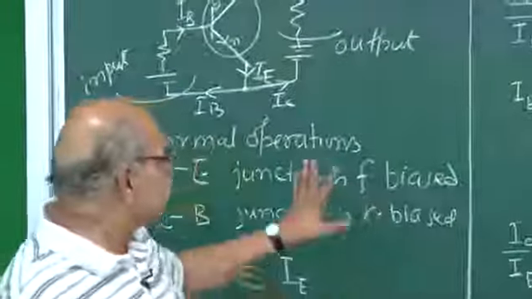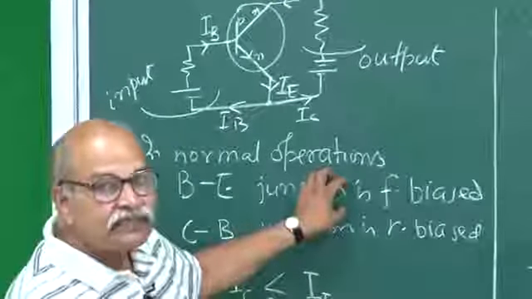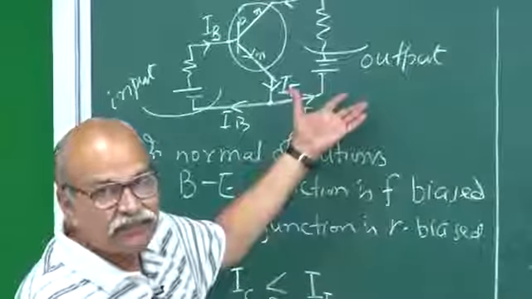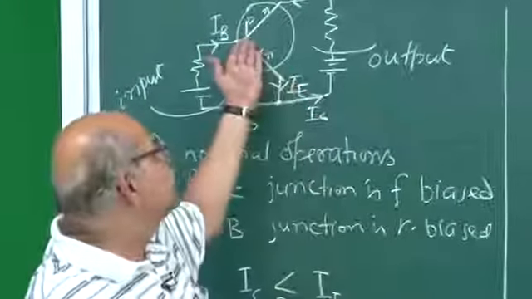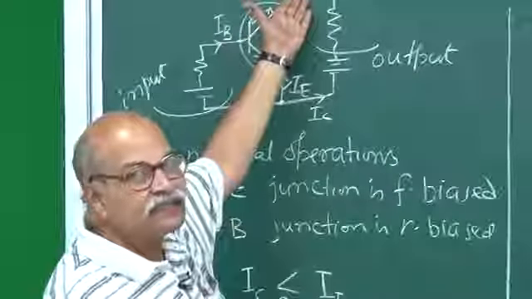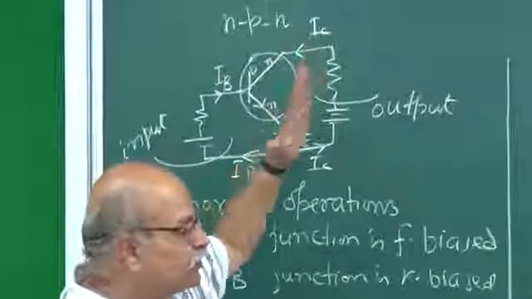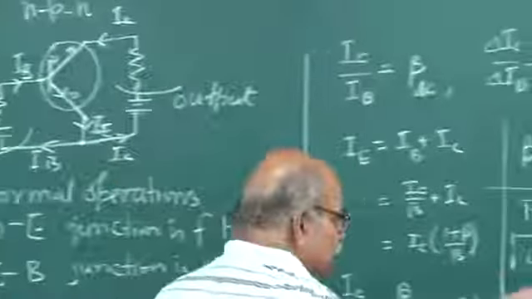So, if this is not sufficiently forward biased, then nothing will operate, no electrons will be injected here, and if no electrons are injected, no question of any collector current. This is known as cutoff region.